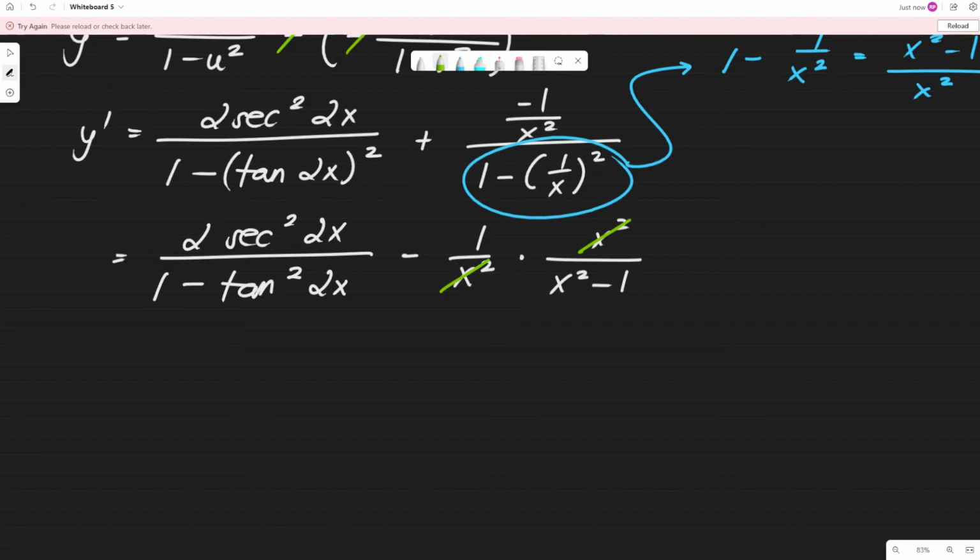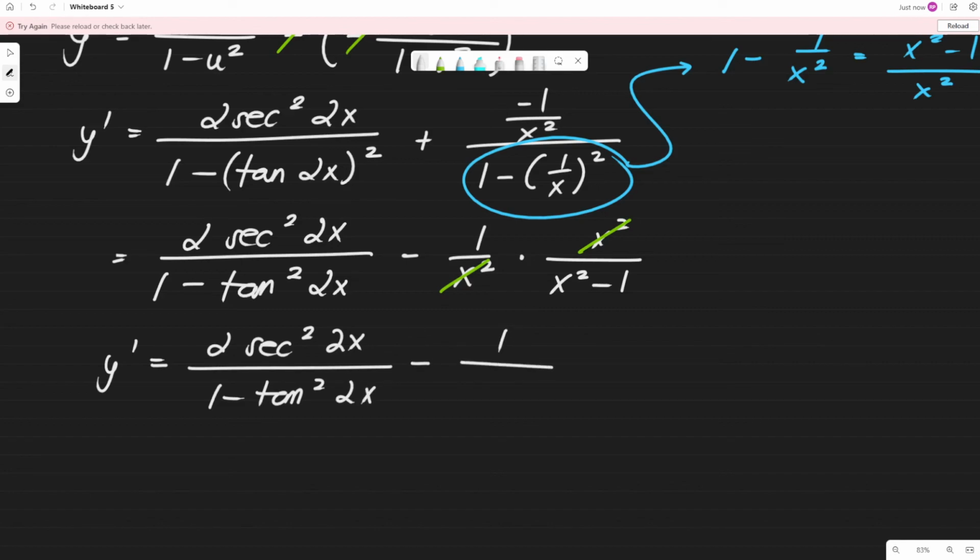Okay. No, so therefore, our final answer, the derivative is 2 secant squared 2x over 1 minus tangent squared 2x minus 1 over x squared minus 1.